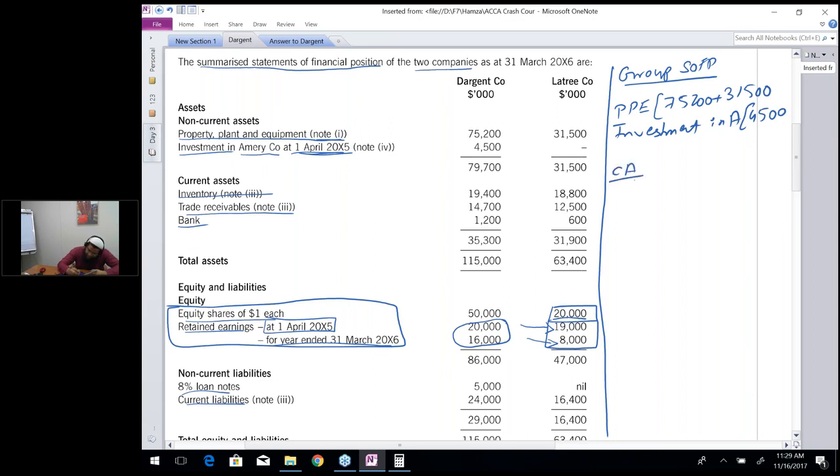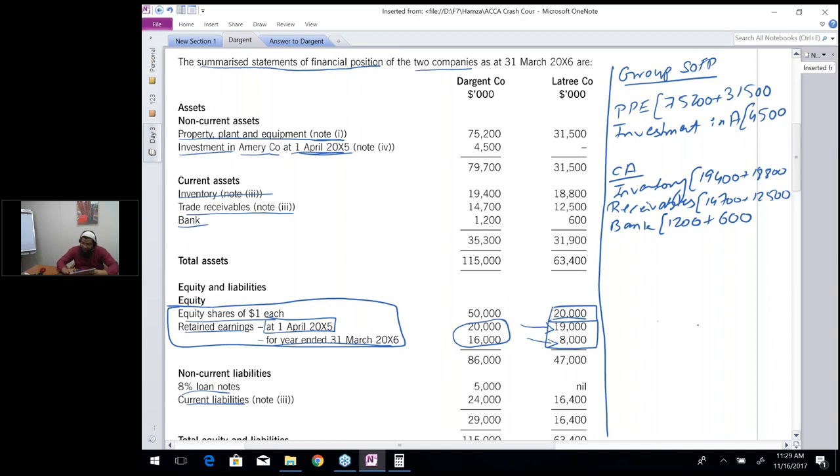And then in the current assets, we have inventory, trade receivables, and bank. Inventory is going to be 19,400 plus 18,800. Receivables are going to be 14,700 plus 12,500. And bank is going to be 1,200 plus 600. So this is the debit side.